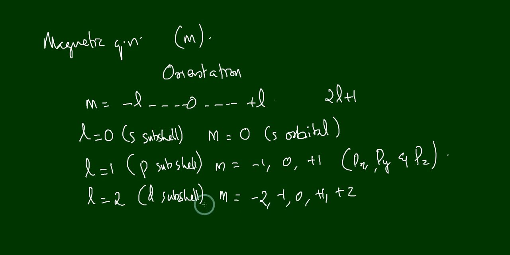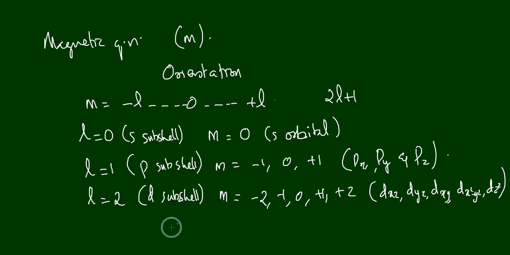It means within the d subshell there are 5 orbitals. You know these 5 orbitals: dxz, dyz, dxy, dx square minus y square, and dz square.